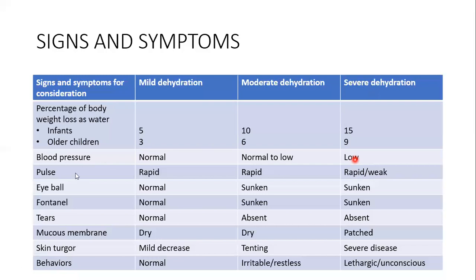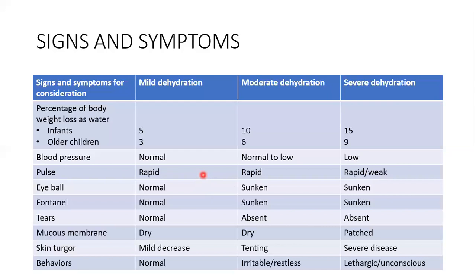And then when it comes to pulse, in mild dehydration we've got a rapid pulse. In moderate dehydration, we also have a rapid pulse. And in severe dehydration, we've got a rapid to weak pulse. Pulse here indicates the heart rate.